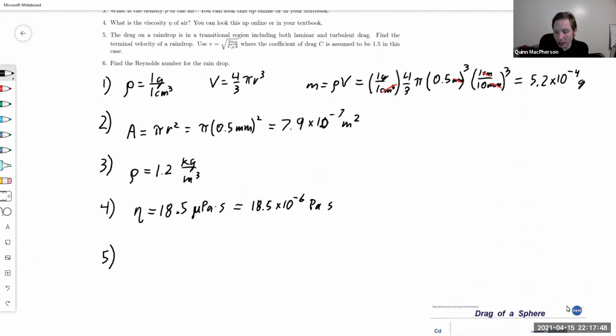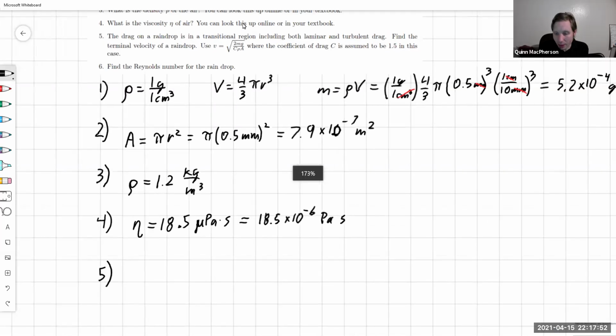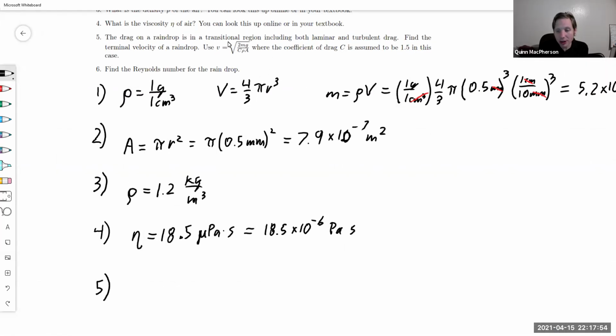We are particularly interested in this equation here for turbulent drag. So we're going to write this as v is equal to the square root of 2mg over c rho A.